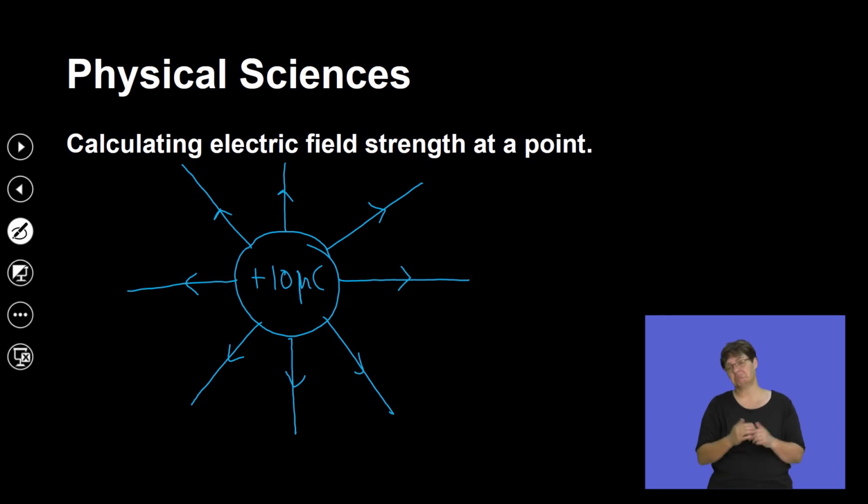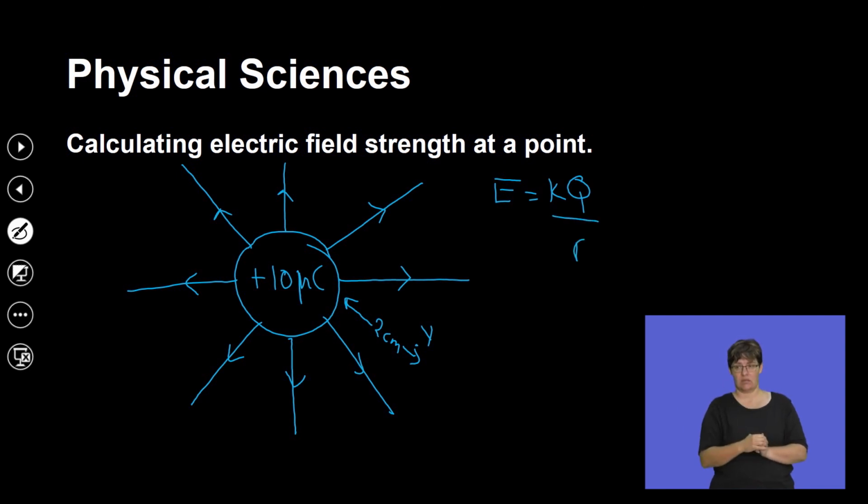Let's say now we've got point Y, which is, for argument's sake, 2 centimeters away from the surface of the charge. If we were to determine the magnitude of electric field at this point due to the 10 microcoulombs, then we would obviously have E equals KQ over R squared.